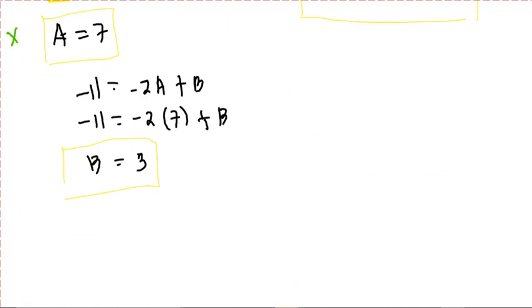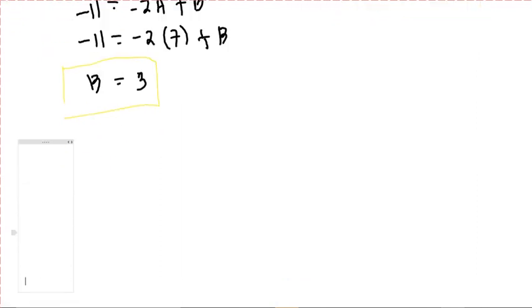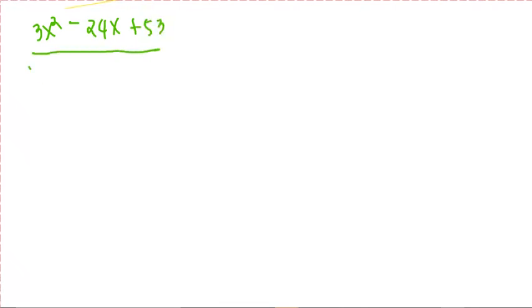Okay, we will have another example to make it clearer, if we have a more complex denominator. So, we are given 3x squared minus 24x plus 53 all over x cubed minus 6x squared plus 9x.